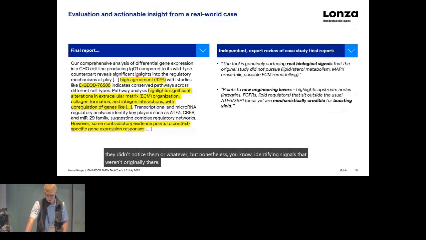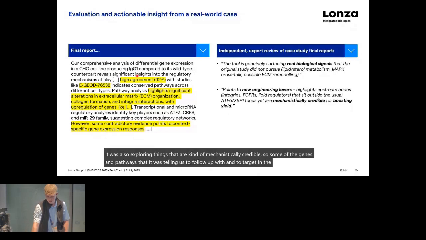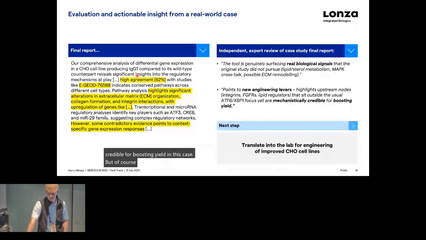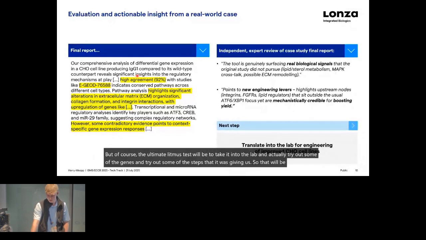So some of the genes and pathways that it was telling us to follow up with and to target in the lab are credible for boosting yield in this case. But of course, the ultimate litmus test will be to take it into the lab and actually try out some of the genes and some of the steps that it was giving us. So that will be up and coming, maybe for the next conference.